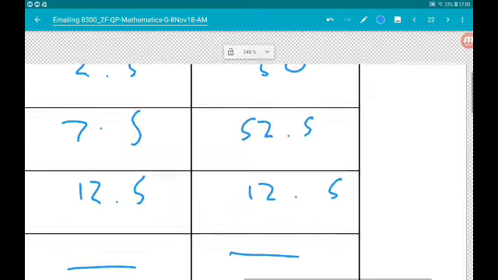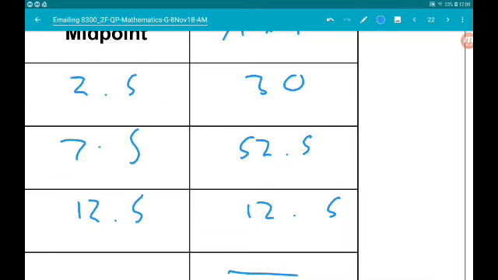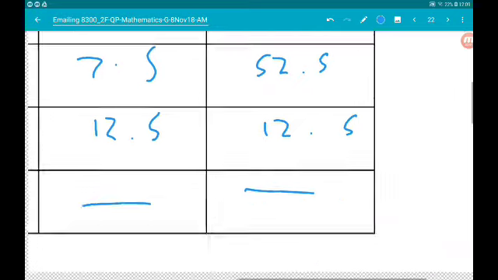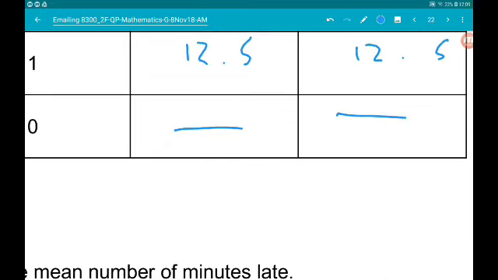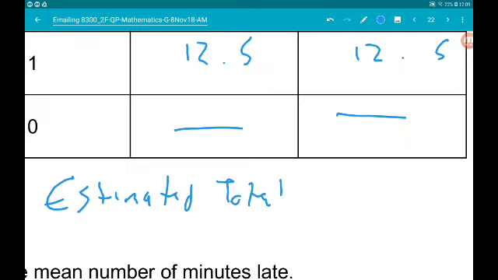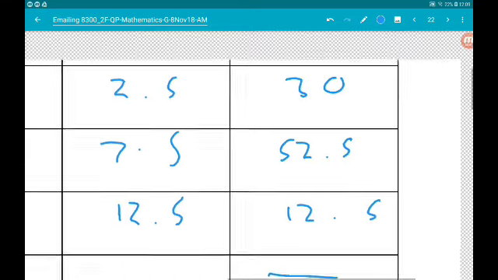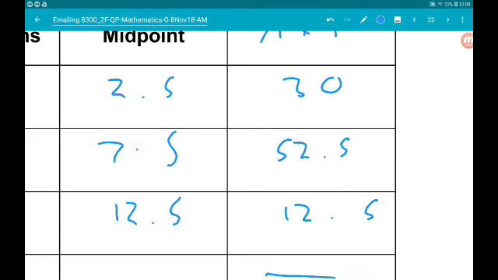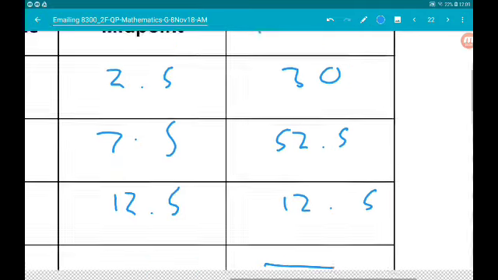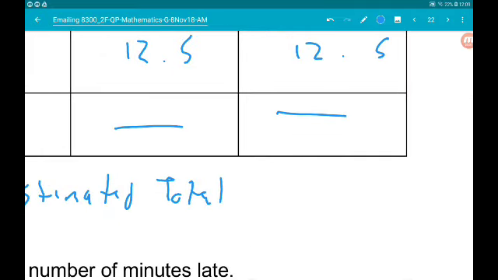So what we now do with these is we can work out the estimated total minutes late by adding them together. So the estimated total is 95. You can use your calculator.